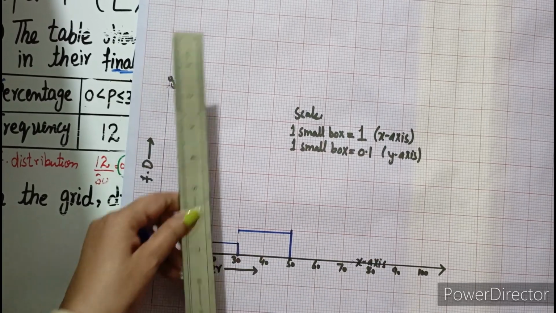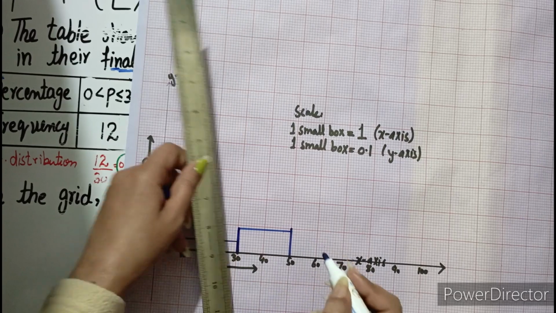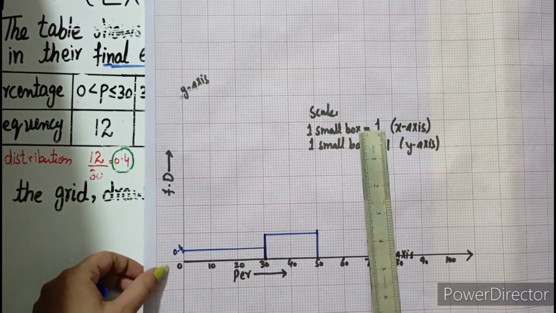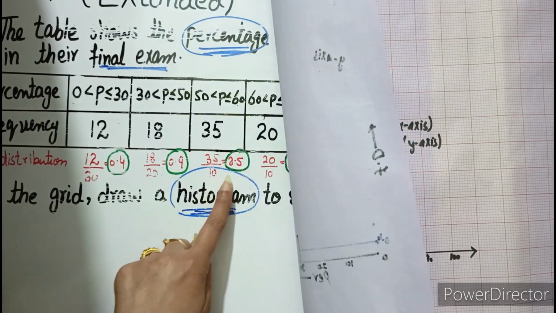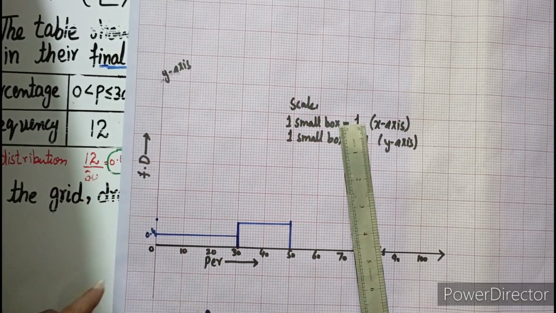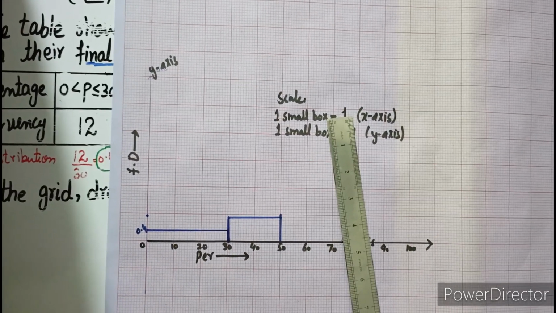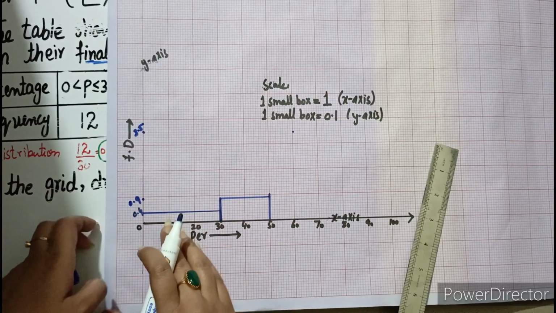This is 0.9. Next, what you have to take is 3.5. This point is for 3.5.